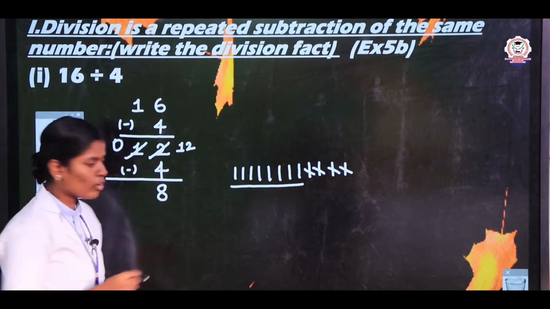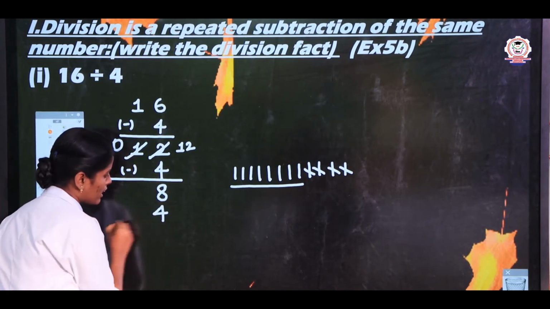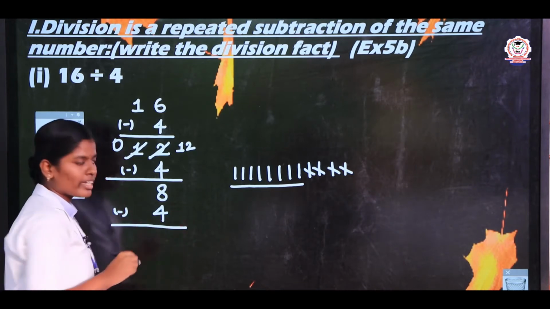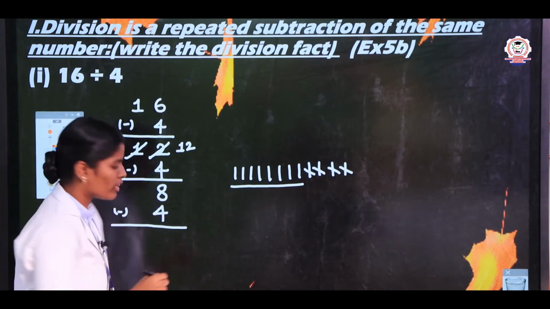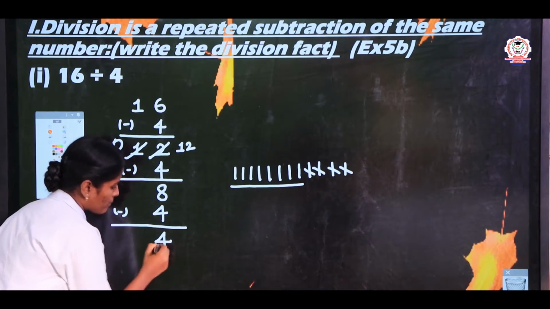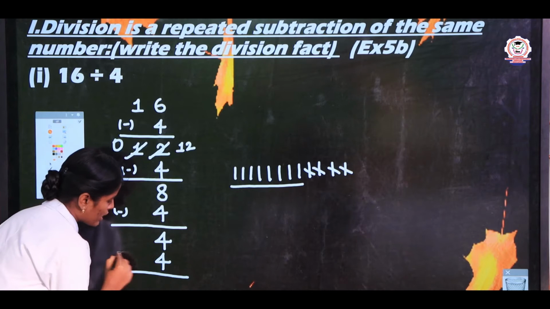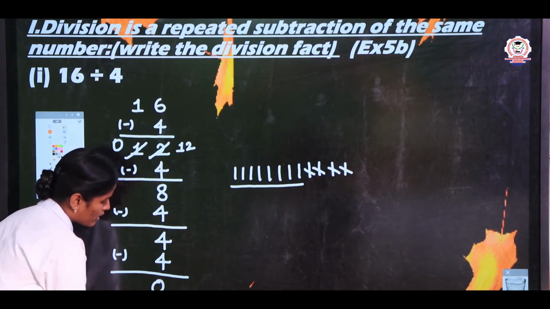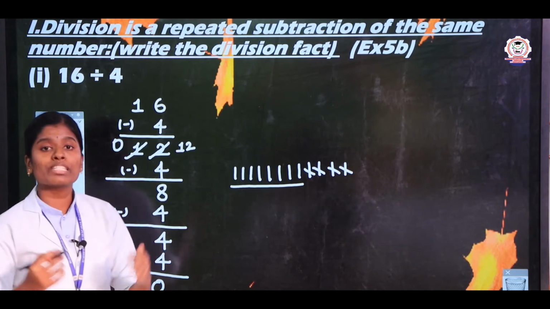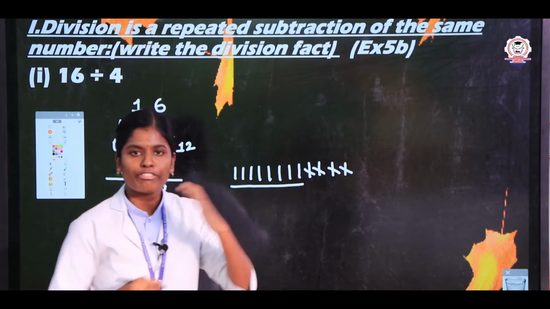So the answer is 8. Again you take 4 and subtract it from 8. Now what is the answer? 8 minus 4 is 4. Then you should take 4. Now 4 minus 4 is 0. Here we subtracted 4 totally 4 times.